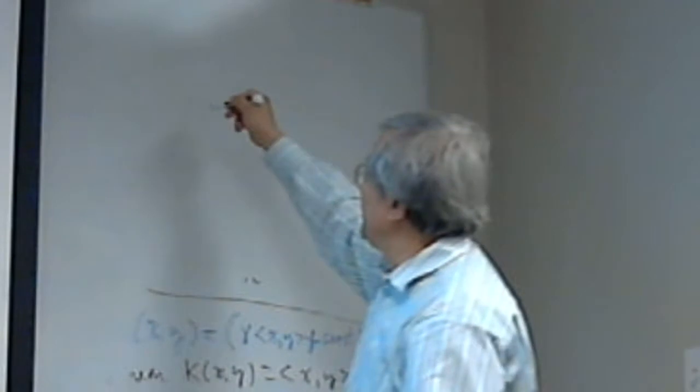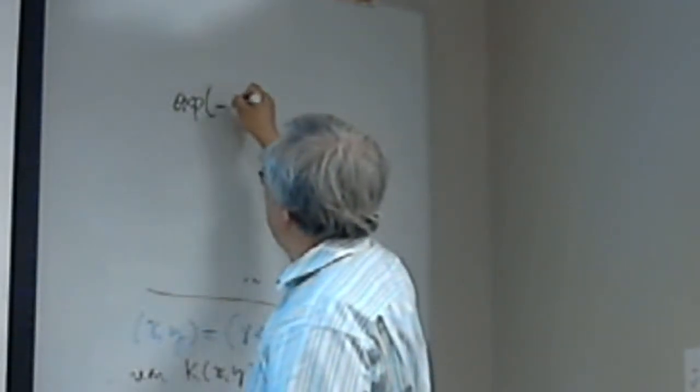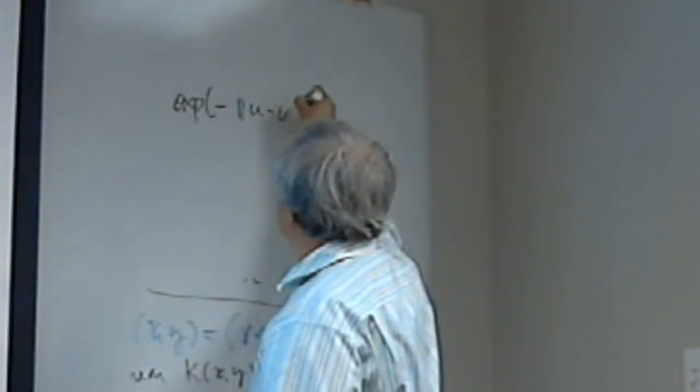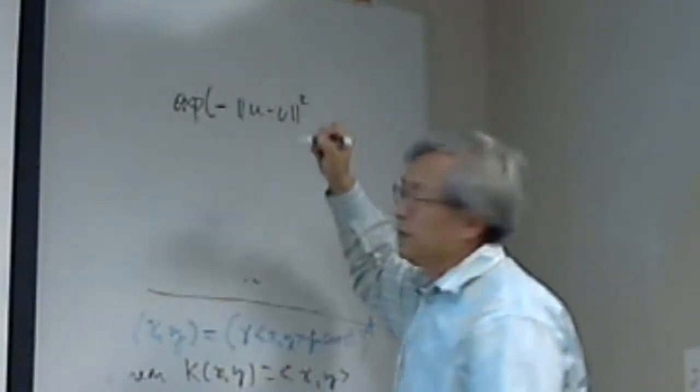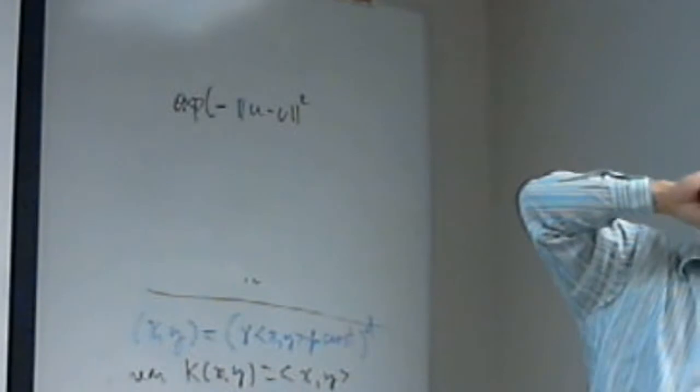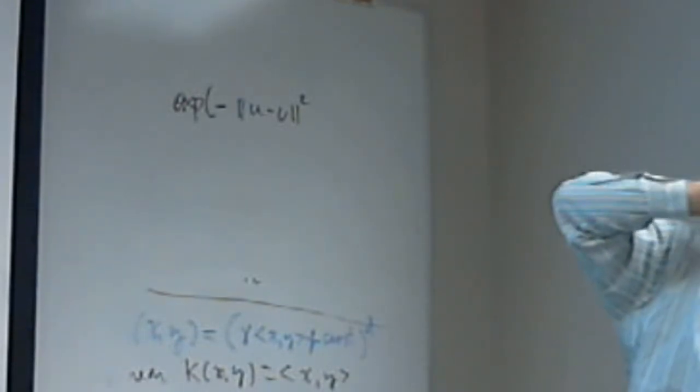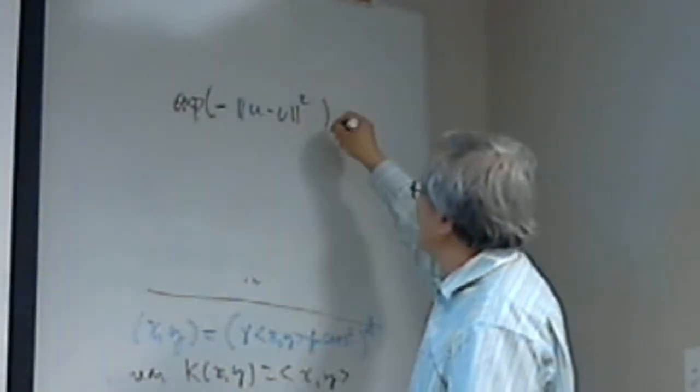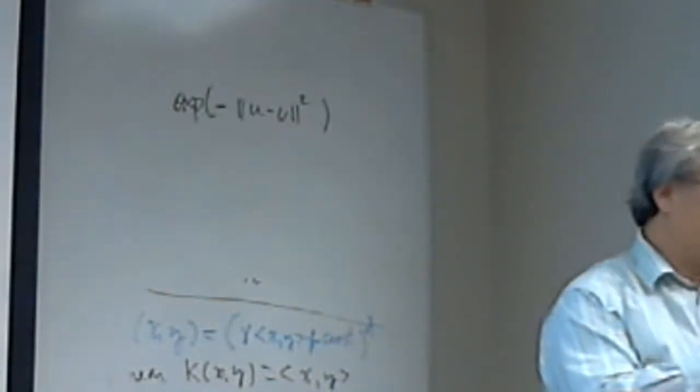So we have this exponential of minus gamma times the norm of u minus v squared. So we have this kernel function to use.